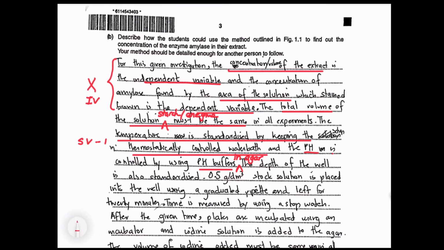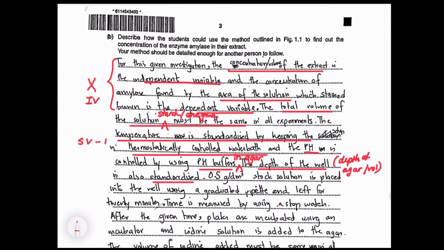Then the next point, the depth of the well needs to be standardized. So now the question is, does the depth actually affect the rate of reaction? The more important thing to standardize here is the depth of the agar or the volume of the agar, which represents the volume of the starch.